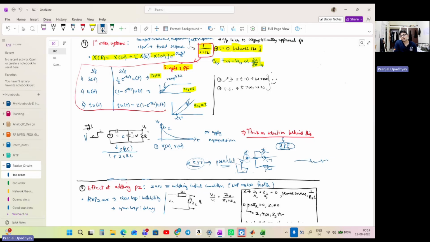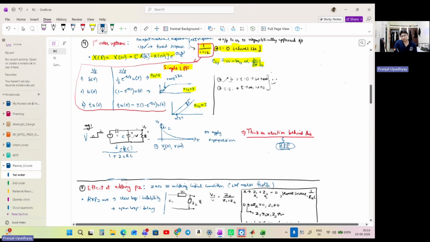But if we have just this guy, a series, and here is the actual ground of the circuit and some current is flowing, we can understand that this node can't get zero. So the idea is that a zero arises in the circuit because of parallel paths, and specifically when those parallel paths can have different phase, right? And here we can understand that clearly they can have different phase, so a zero will be present. That is the basic idea.